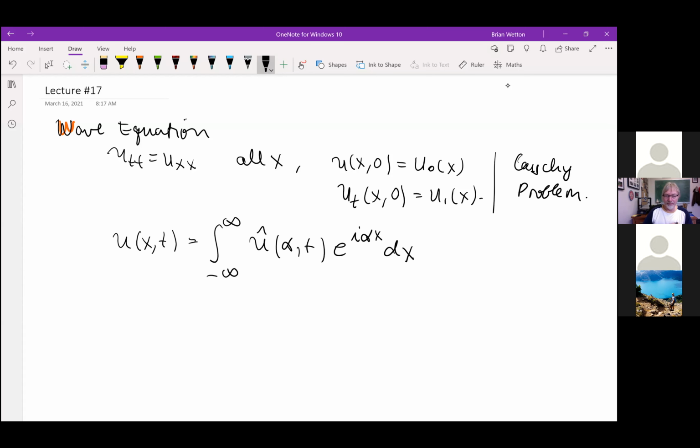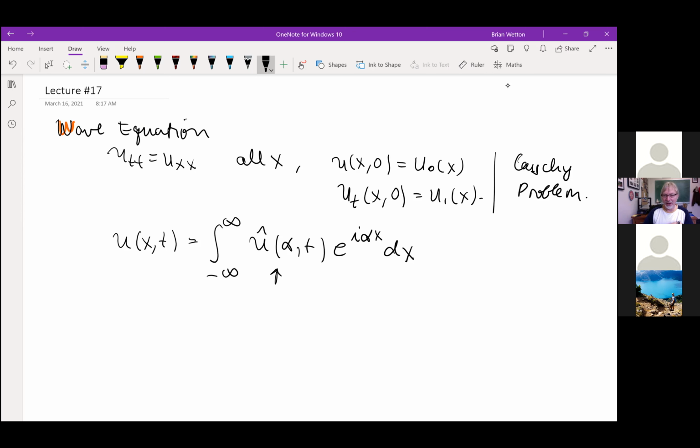And so this is a technique where really we're looking at the function of x at a given time, some function of x, and we're converting it into its frequency components.